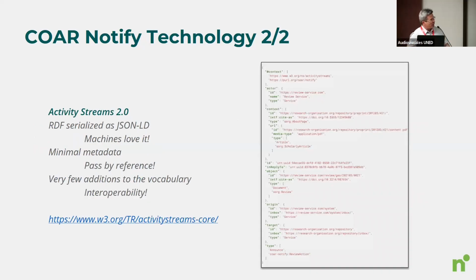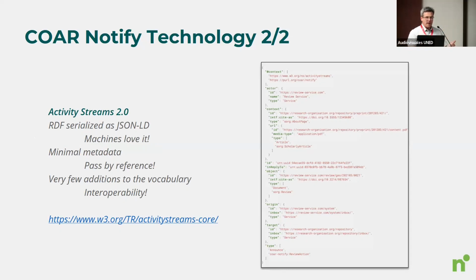The second technology-heavy-ish slide is the slide about Activity Streams 2. This is also a W3C standard. We're utilizing this standard to define our payloads, so this is the actual content that we're sending back and forth between entities that participate in the Notify universe.